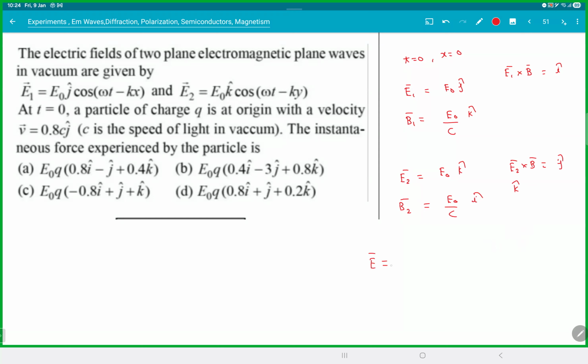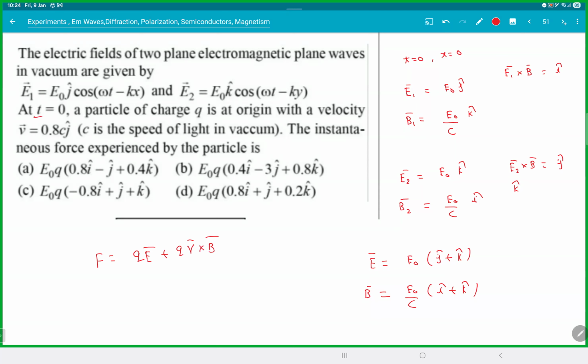So the total electric field is given by E naught J cap plus K cap. The total magnetic field is given by E naught by c, I cap plus K cap. And we know the force is equal to qE bar plus qV cross B bar, the Lorentz force. Substitute there, you will get the answer.